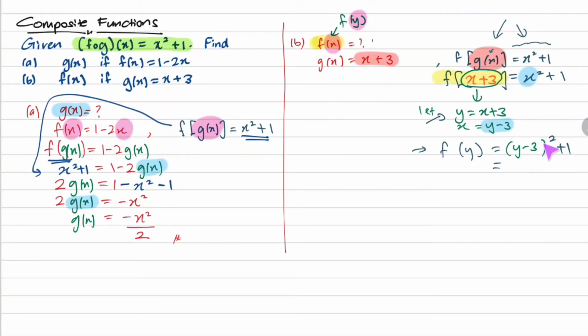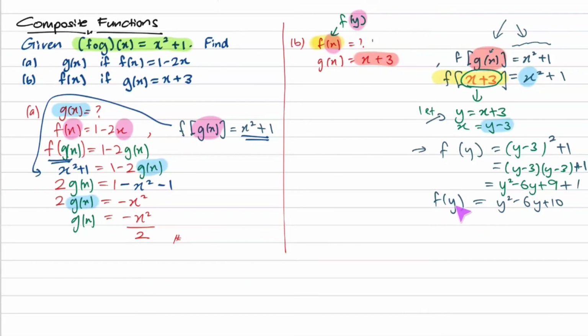Now this is y minus 3 squared. That means we have 2 brackets of y minus 3. This does not mean that you can expand y squared and then minus 3 squared. That's wrong, okay? After expanding, you get y squared minus 6y plus 9 plus 1, and then simplify this.